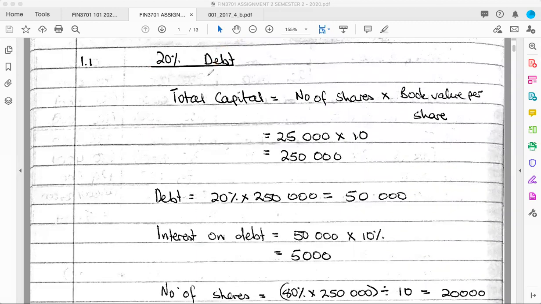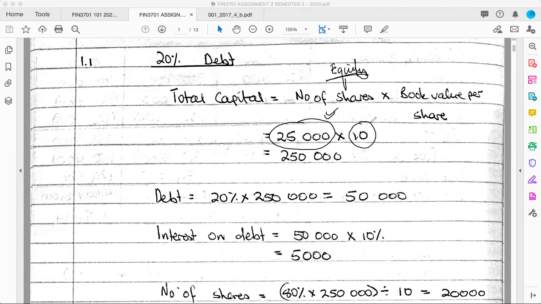So for the 20% debt ratio, the first thing we're going to do, we calculate our total capital. Currently, we are told we've got 25,000 ordinary shares, and each ordinary share has a book value of 10 Rand per share. So we're told we only have equity. Right now, we only have ordinary shares in our capital structure.